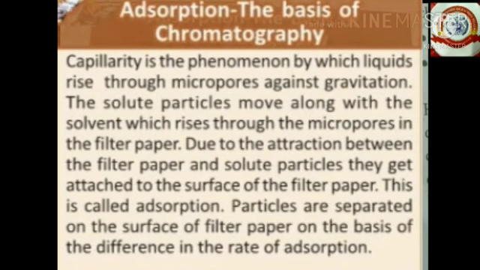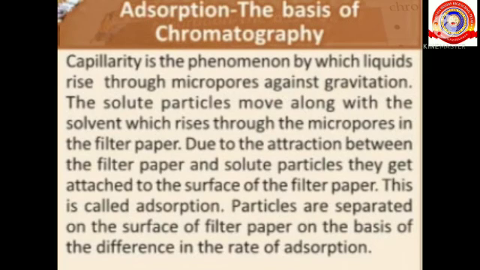The solute particles move along with the solvent which rises through the micropores in the filter paper. Due to the attraction between the filter paper and solute particles, they get attached to the surface of the filter paper, and this is called adsorption.